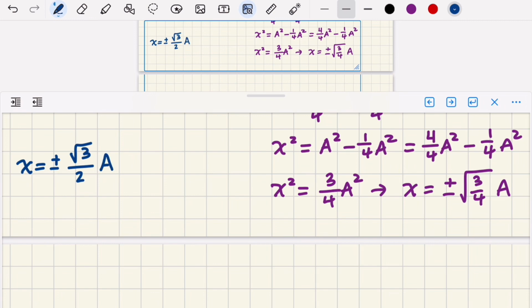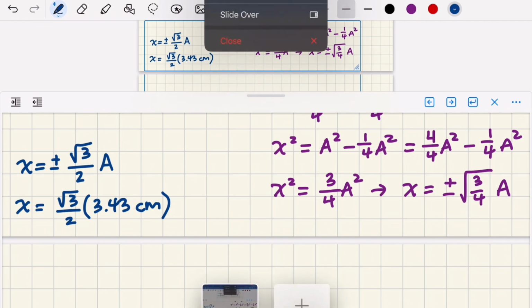Because they want the positive displacement, we'll just do the positive version of this. So the displacement that they want is going to be, A, which is the amplitude we were given in the problem.